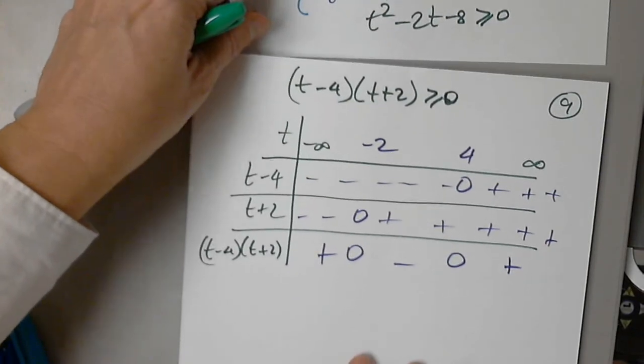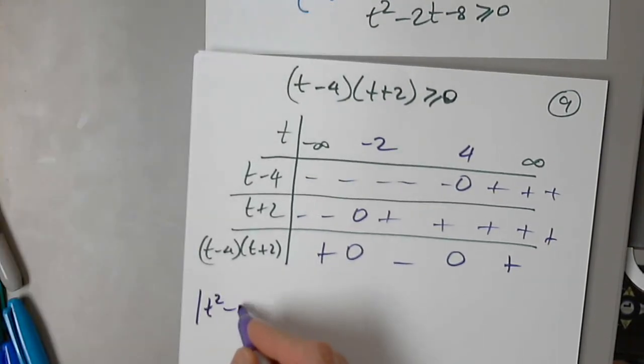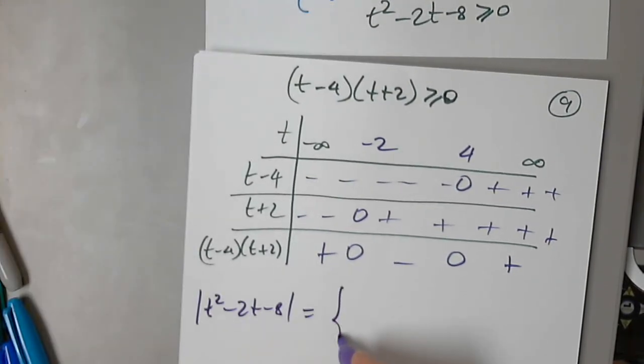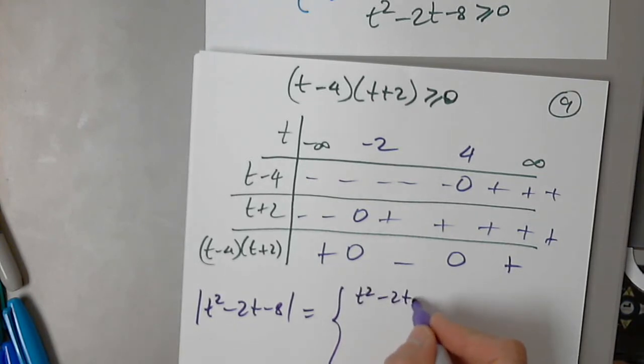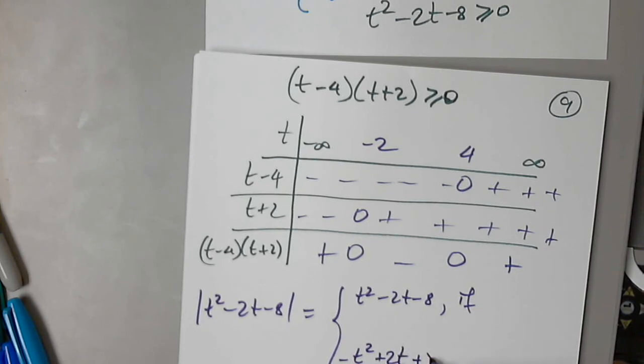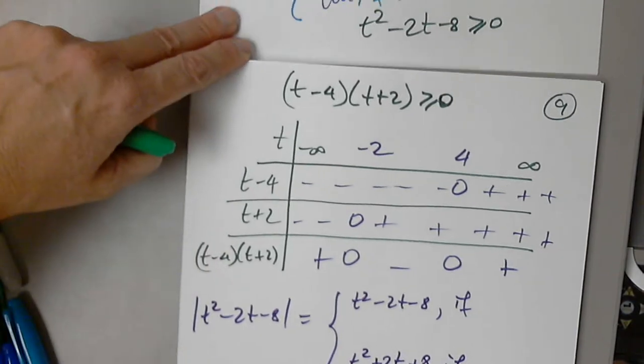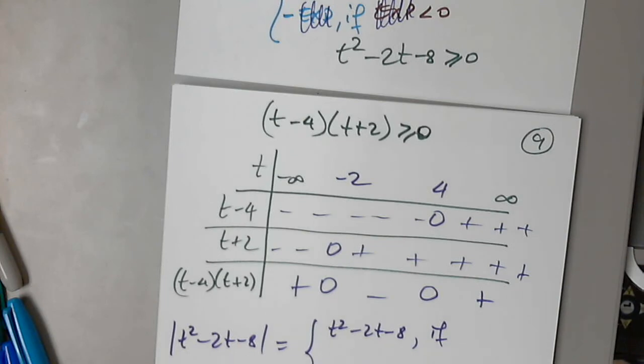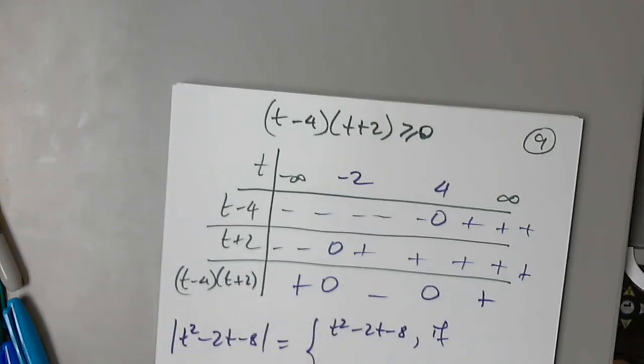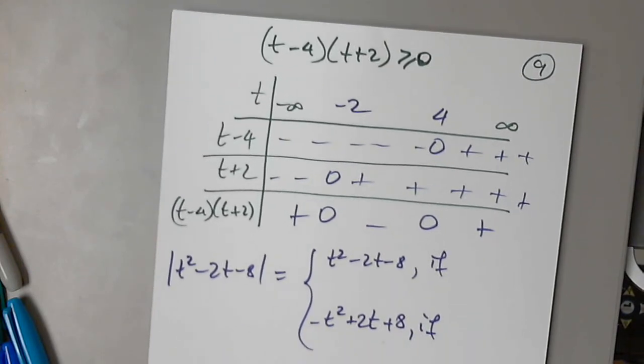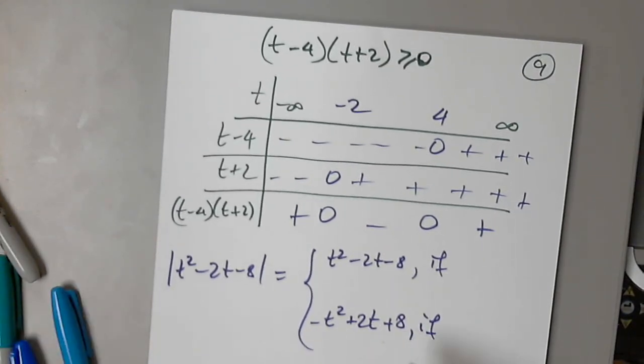So I will write that the absolute value of t squared minus 2t minus 8 is t squared minus 2t minus 8 if, and you'll tell me what, or negative t squared plus 2t plus 8 if what? Please tell me what to write. Careful.